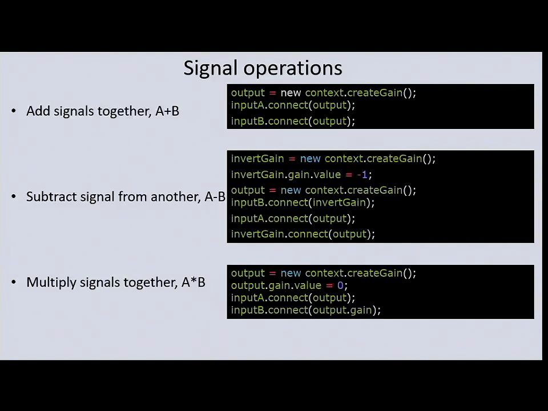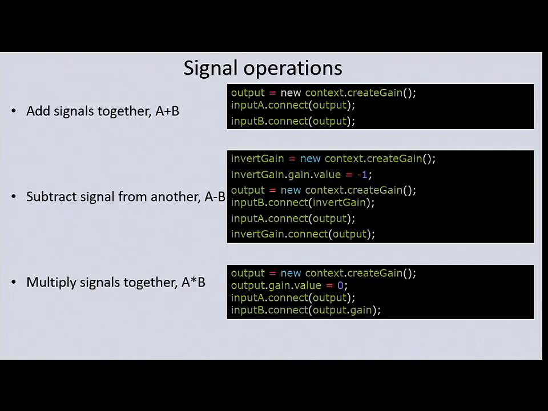Adding two signals together, you can take two signals, input A, input B, connect them to the same output. You can think of the outputs as sort of like buses on a mixing console, if you're familiar with audio processing, where any signals you put into them just add together.